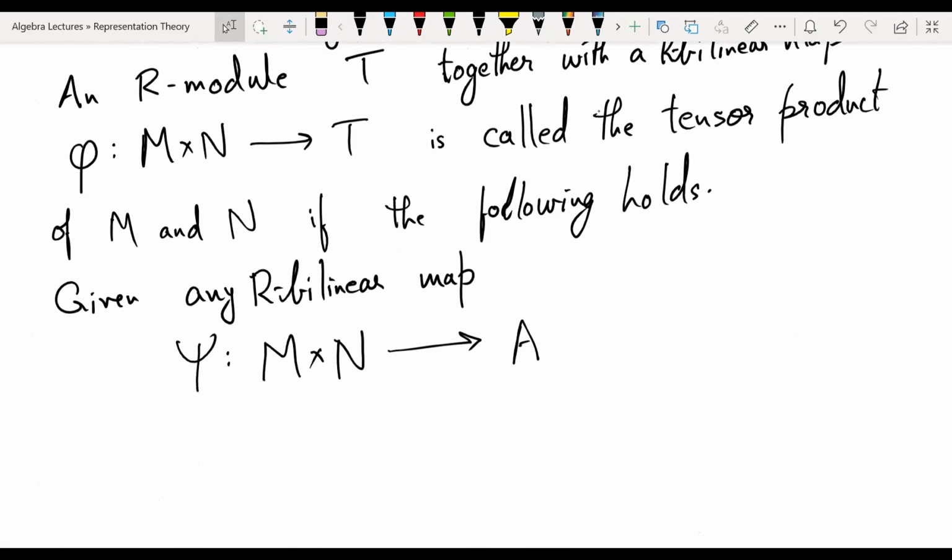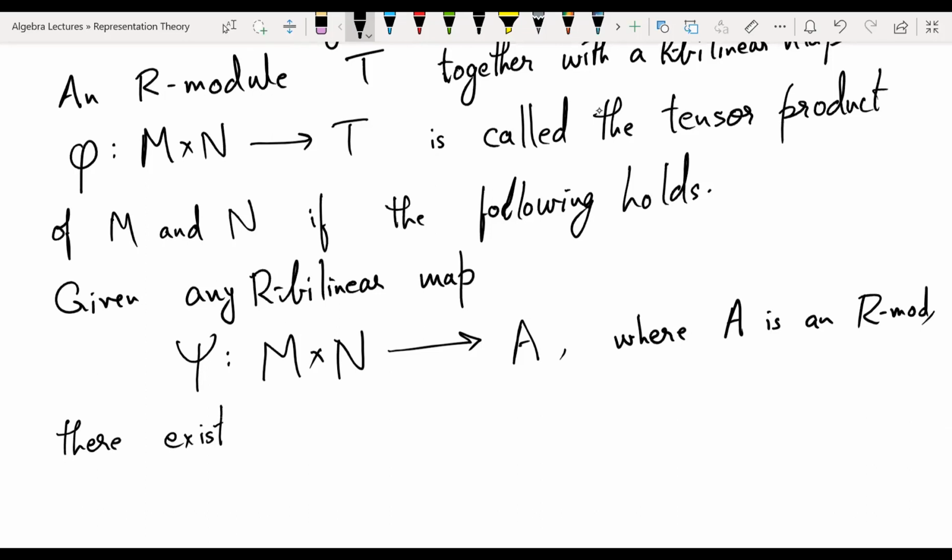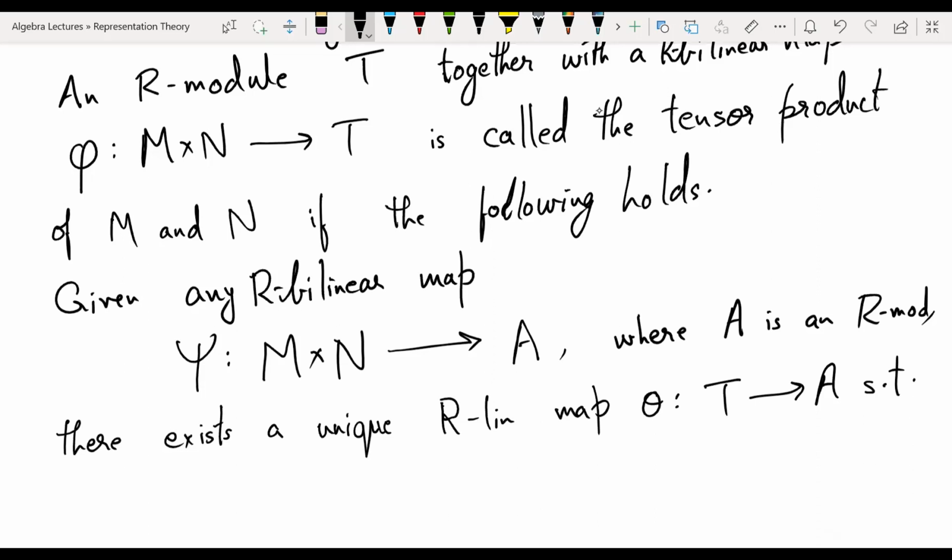So given any R-bilinear map from M cross N to A, where A is an R module, there exists a unique R-linear map theta from T to A such that this C is a composition of these two.